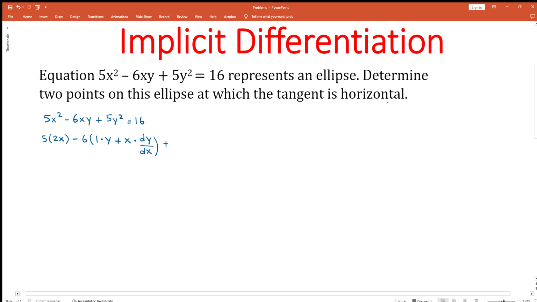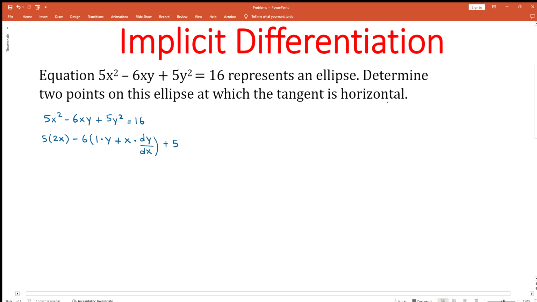In the third term, 5 is the coefficient. It's a constant, so it will stay as it is. We have to use the chain rule to find the derivative of y squared with respect to x. The inner function is y, the outer function is the exponent 2. As per the chain rule, we start with the derivative of the outer function. We have to use the power rule.